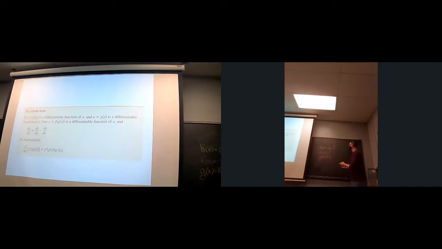So, using what we just saw, the derivative of h of x is going to be equal to the derivative of f of u times the derivative of g of x. Right? That's what this is saying up here.